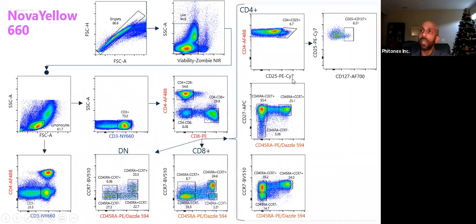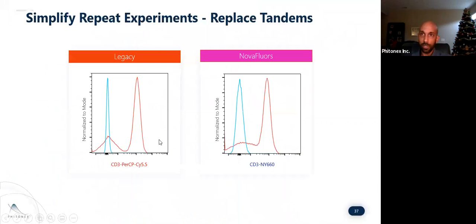Even with the increase in the SSM, we're still able to pull out all of our populations of interest: CD4, CD8, double negative, and NK cells, which again aren't shown. And when we look at the performance of NovaYellow 660, we're still able to pull out our populations.